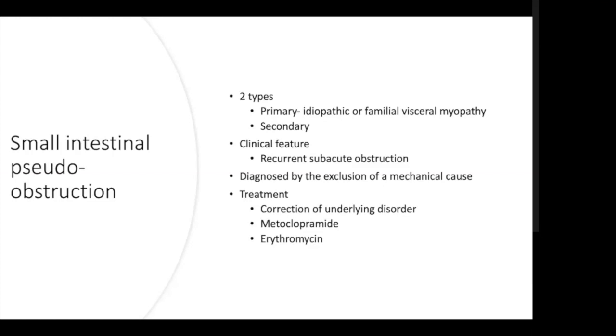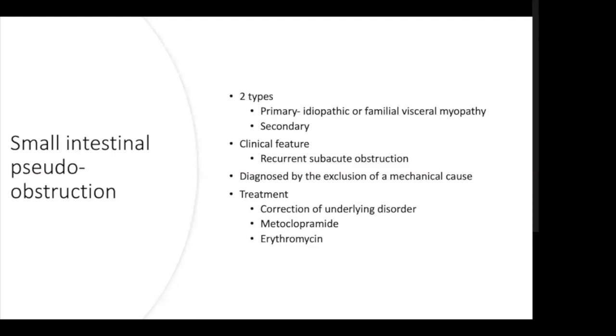We can give metoclopramide as well in pseudo obstruction. Metoclopramide is one of the drugs that can be used. It is not very effective, but it can be used, and sometimes erythromycin is also helpful in small intestinal pseudo obstruction. So remember, in all the other intestinal obstructions, we don't give metoclopramide to stop the vomiting or to increase the bowel movement.